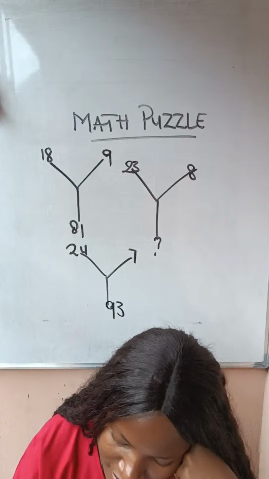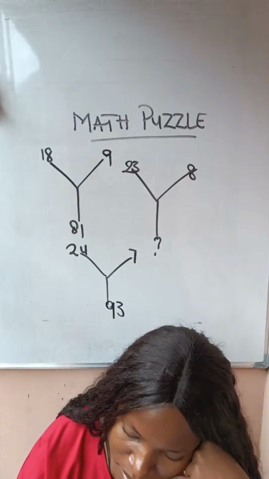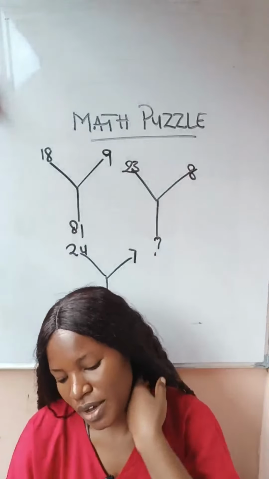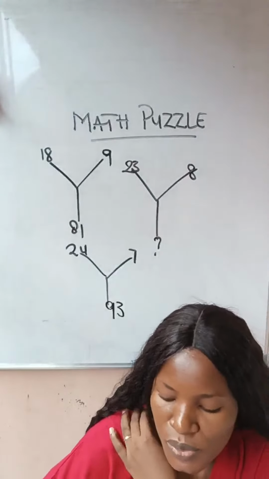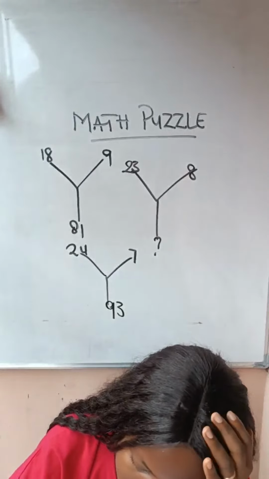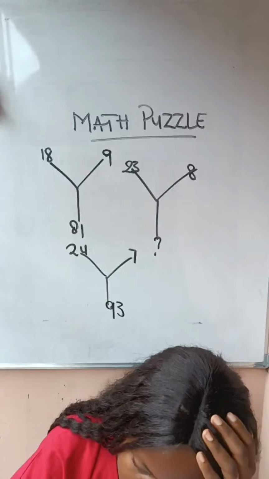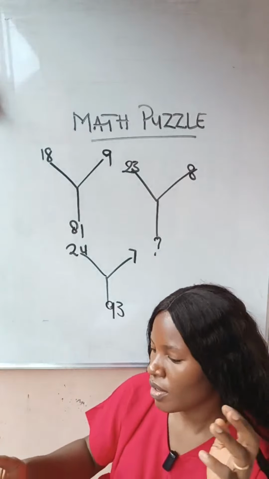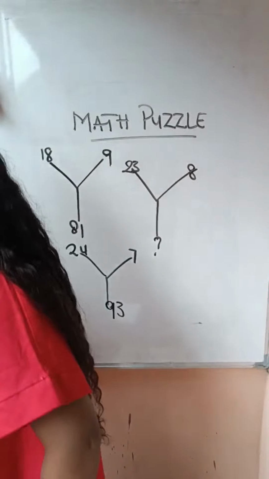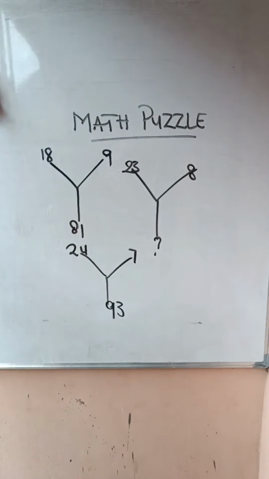Julie is saying 93, absolutely. Remember, don't tell us how you got your answer until we've all concluded what the answer is. Okay, so let's go.